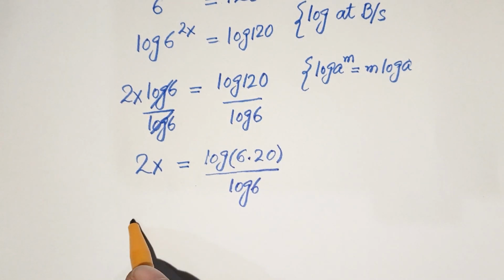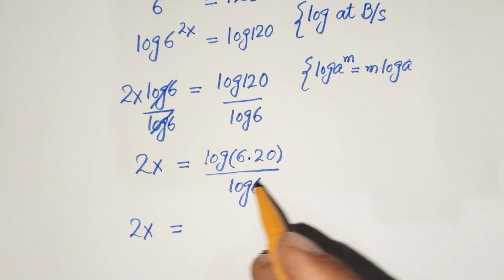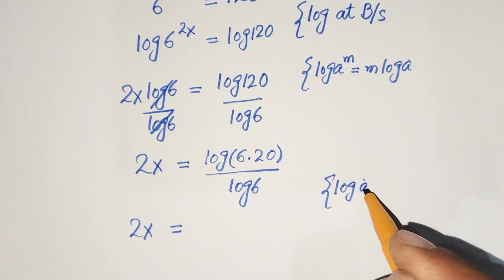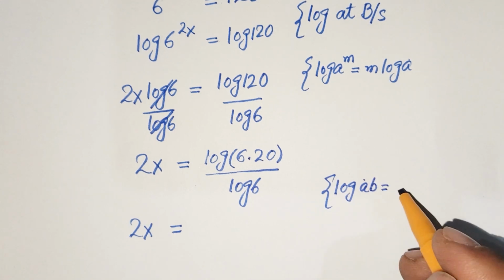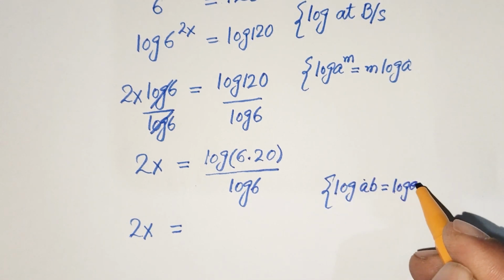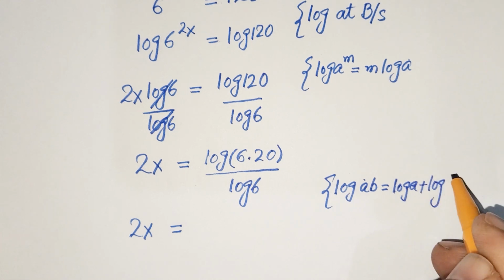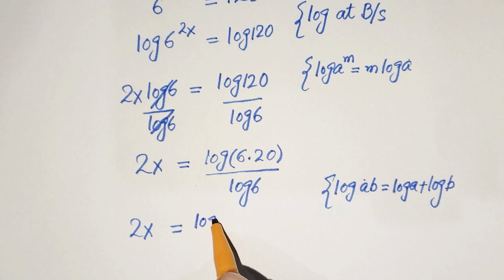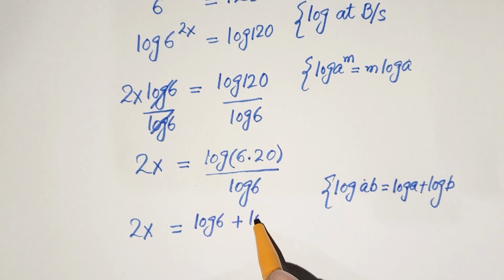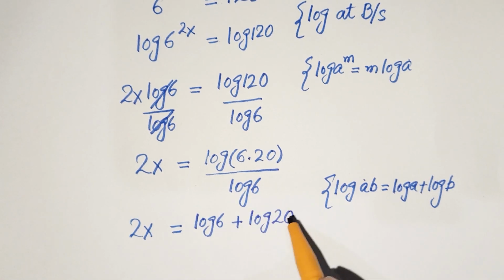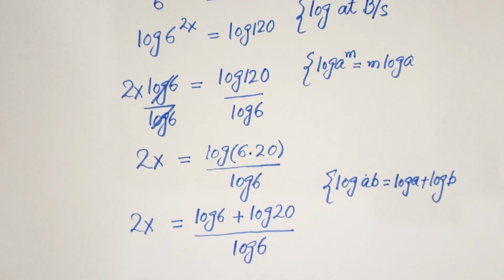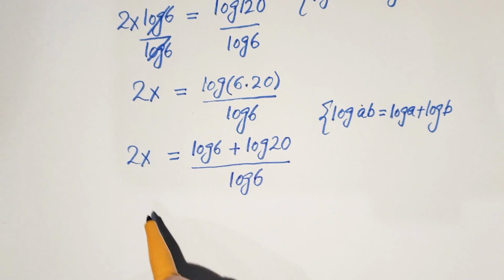So 2x is equal to, here we use the logarithm law that if we have log of a times b, then we can write it as log a plus log b. So it will be written as log 6 plus log 20 all over log 6. Now we are going to write the denominator separately under these two terms.